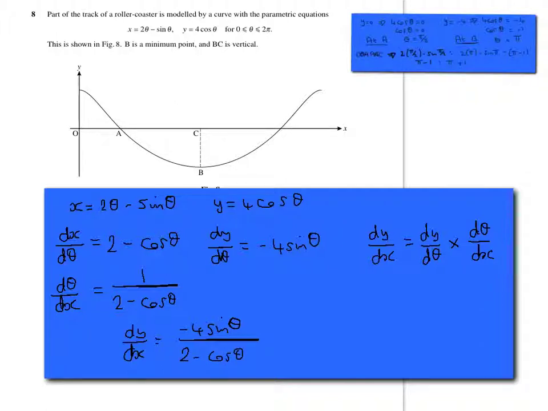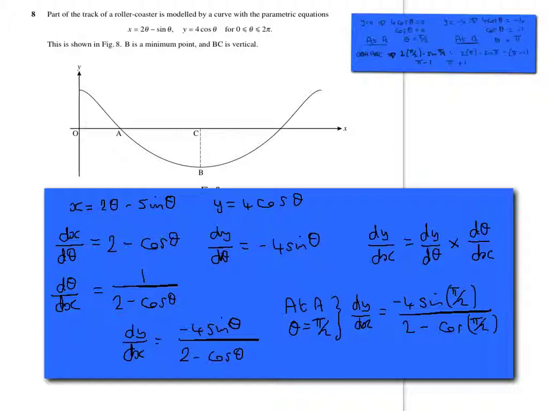Now, to find the gradient at A, well, at A, theta is equal to pi over 2. This therefore gives the gradient dy/dx equal to minus 4 sin pi over 2, all over 2 minus cos of pi over 2.